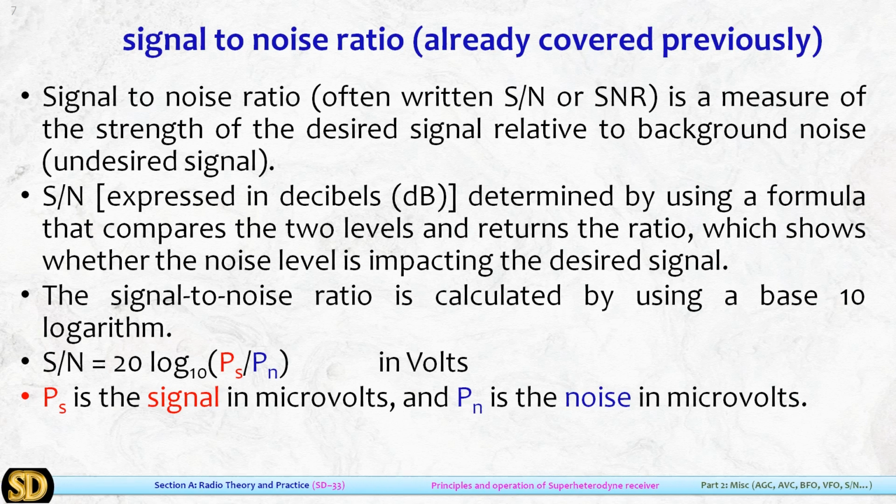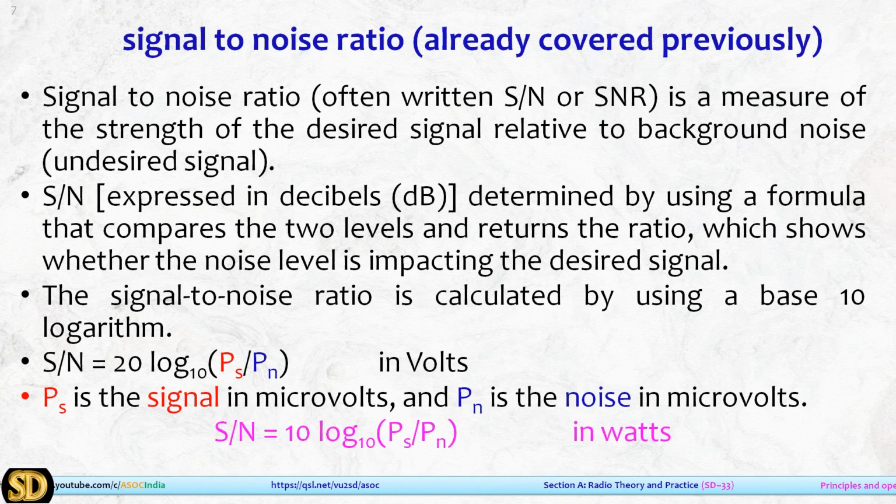Here Ps is the signal in millivolt or microvolt and Pn is the noise signal, also in millivolt or microvolt, but the same unit. But when we have inputs in watts, then we use the formula 10 log10 (Ps/Pn) in watts. In the same way, Ps means power in signal and Pn means power in noise.